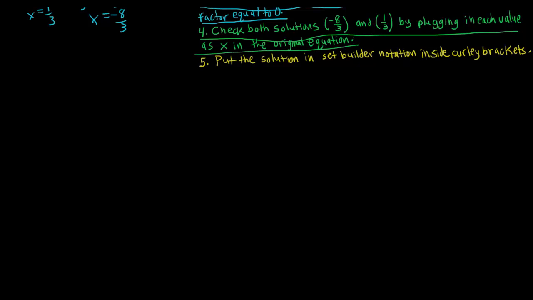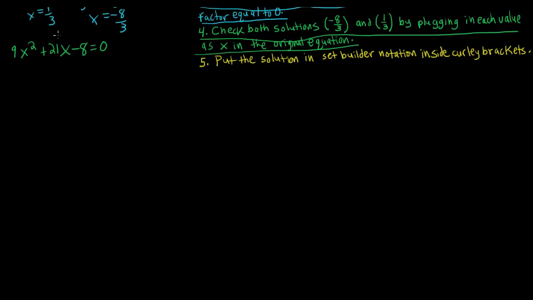And our original equation was 9x squared plus 21x minus 8 equals 0.